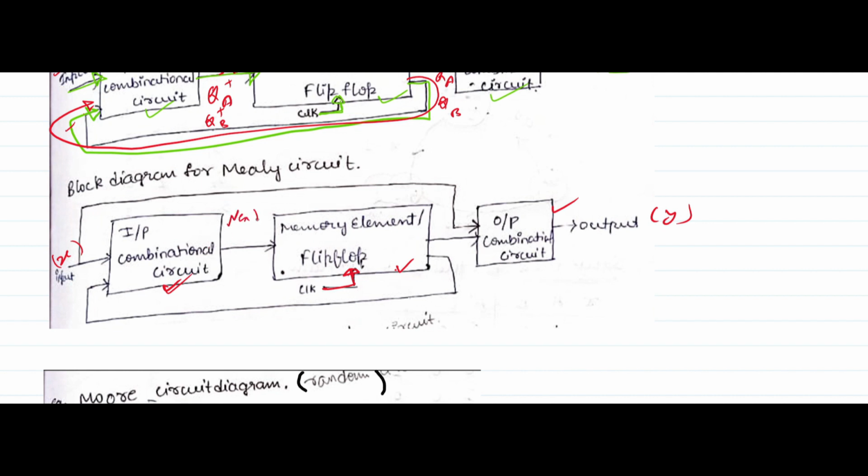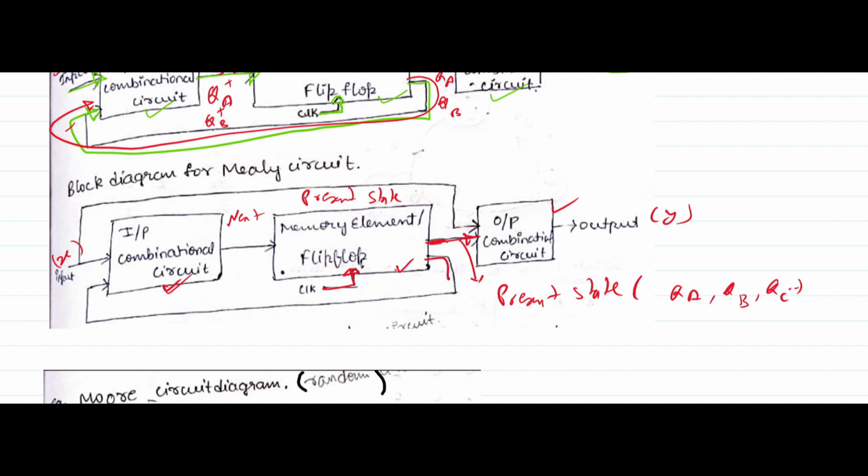Why next state? Because as in Moore, this memory element or flip-flop gives me the present state, like QA, QB, QC, whatever, depending on the number of flip-flops or memory elements we are using.